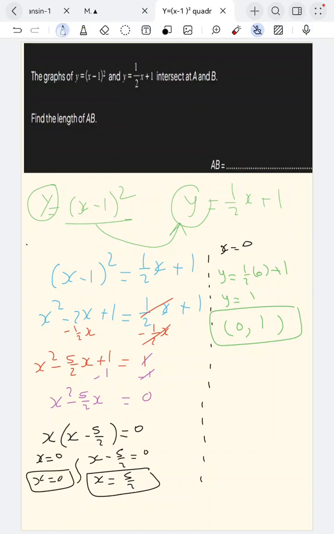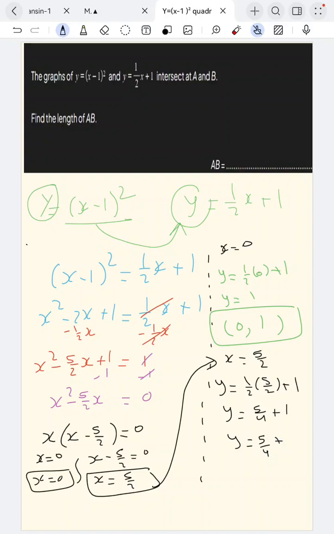Okay, when x equals the second value, which is 5 over 2, I'll use the same equation: y equals half times 5 over 2 plus 1. So y equals 5 over 4 plus 1. It's easier to make the 1 into 4 over 4, the same denominator.